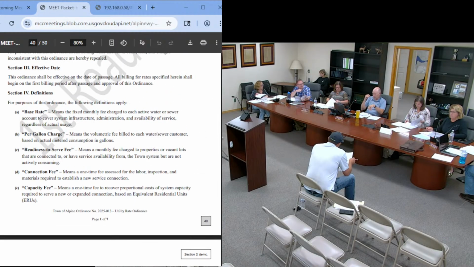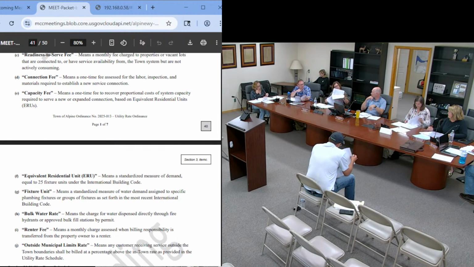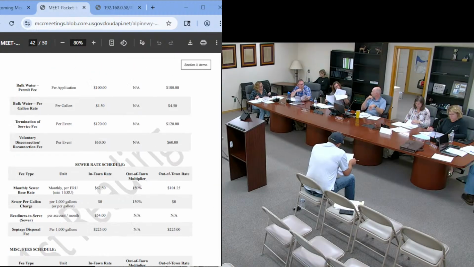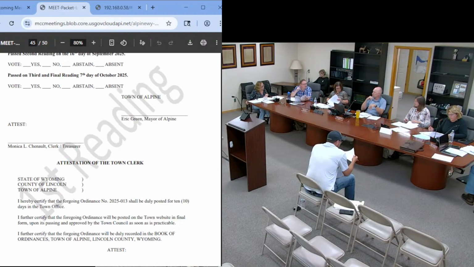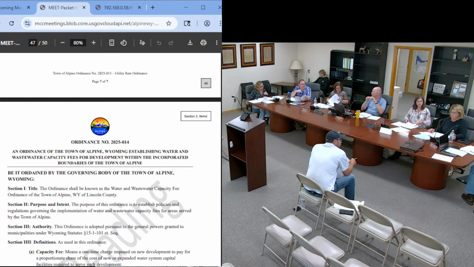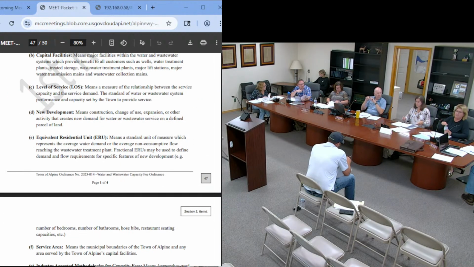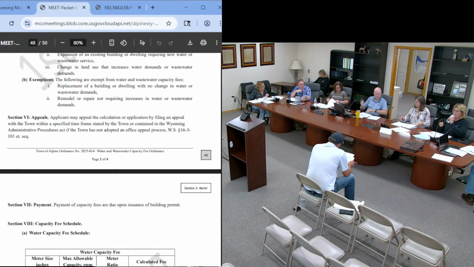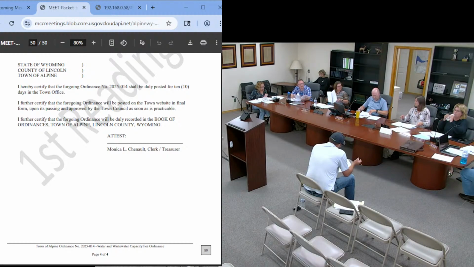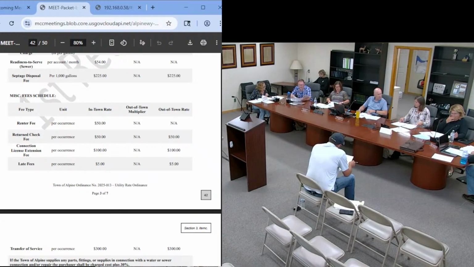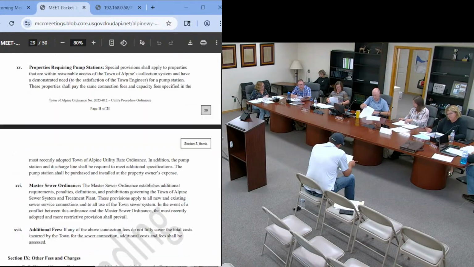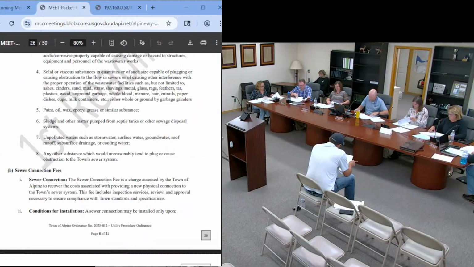I think what we're trying to capture is if someone is going around our meter for like an irrigation system. Is that possible on our new meters? Hopefully not. There's a definition of tampering in the ordinance, somewhere.